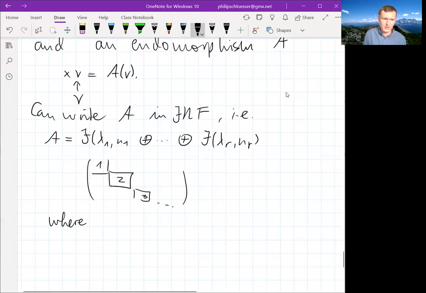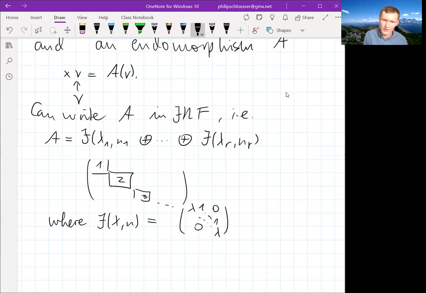And the Jordan block itself is just an n by n matrix that has lambdas on the diagonal and then ones above the diagonal.